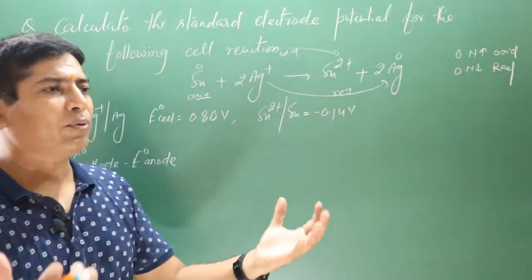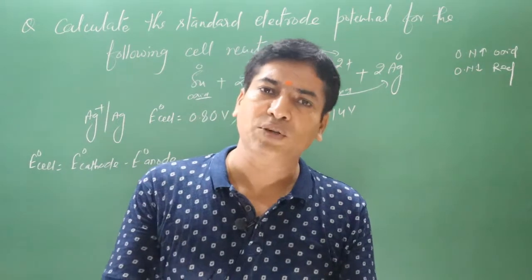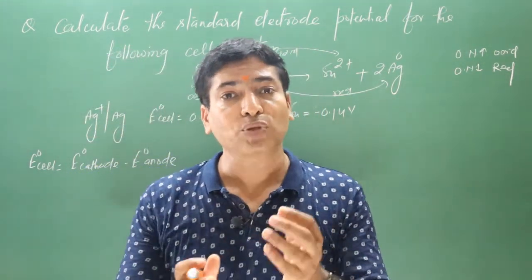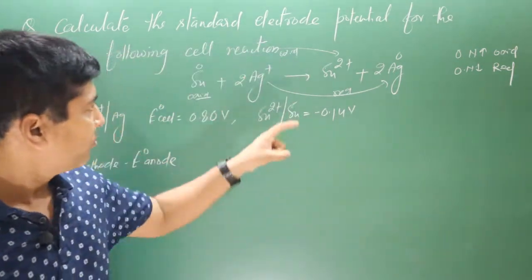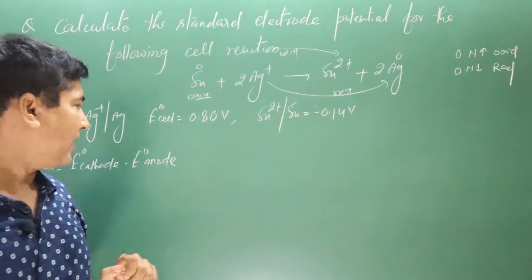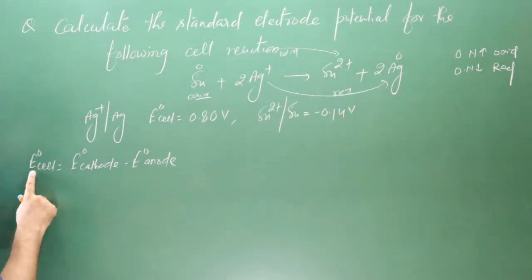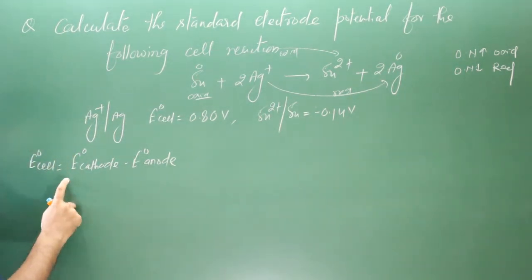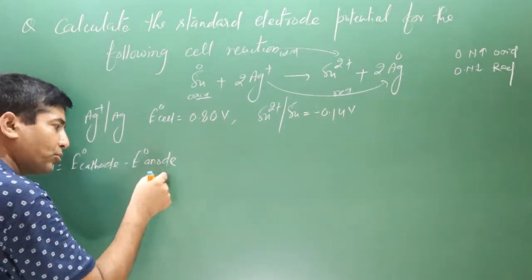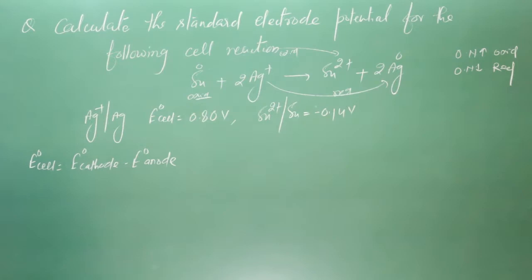When we have to calculate the standard electrode potential for a cell, standard electrode potential is the potential difference between these two half cell reactions. We have to find out the potential difference. That's why we have the formula: standard electrode potential equals standard electrode potential of the cathode reaction minus standard electrode potential of the oxidation reaction.